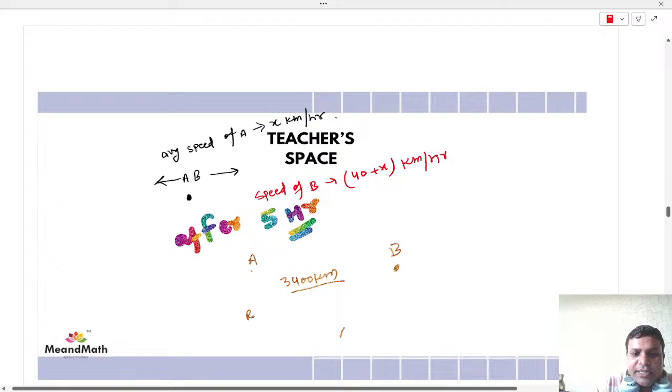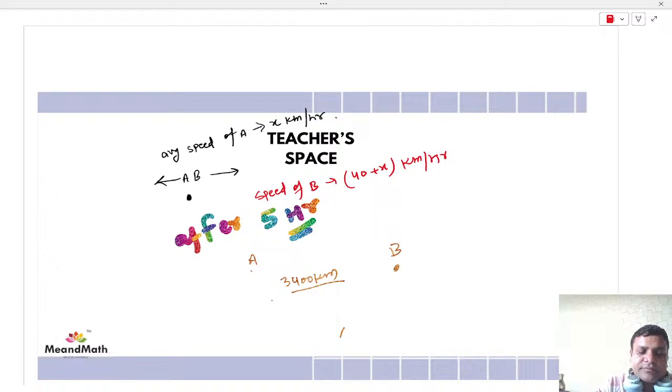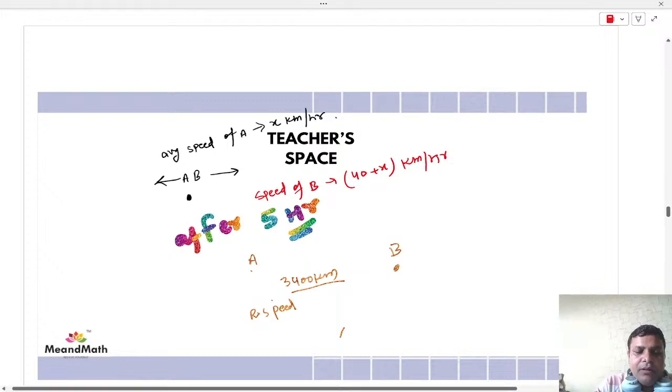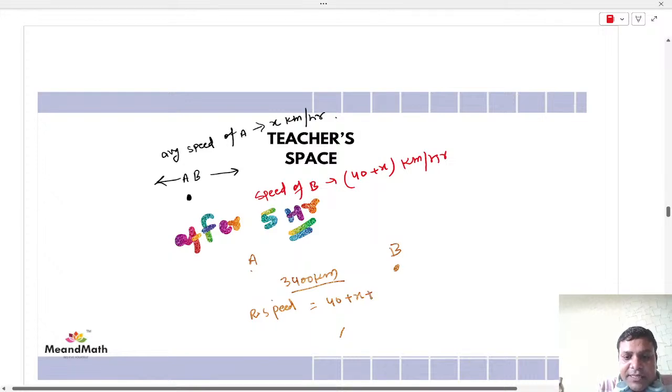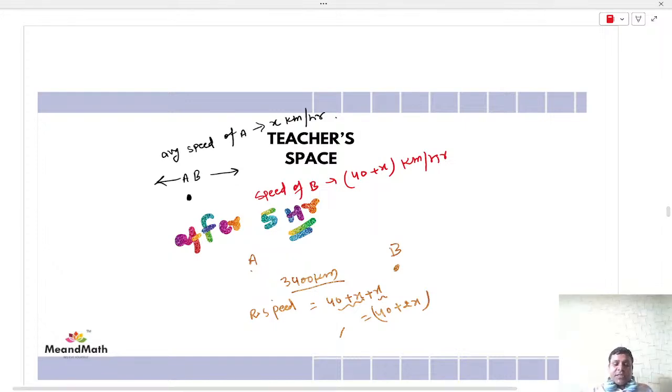So their relative speed is x plus 40 plus x. This is B's speed and this is A's speed. So the speed is 40 plus 2x kilometers per hour.